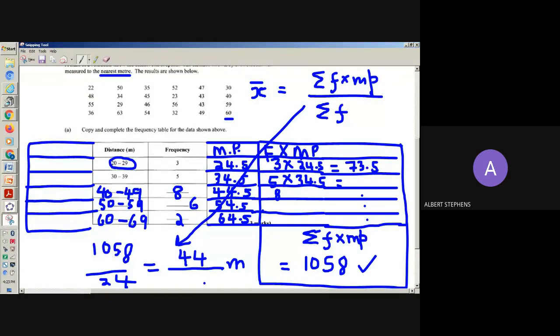Please tell me when I can erase all of this because it's getting really messy on my part. Let me give you a minute to write this off.